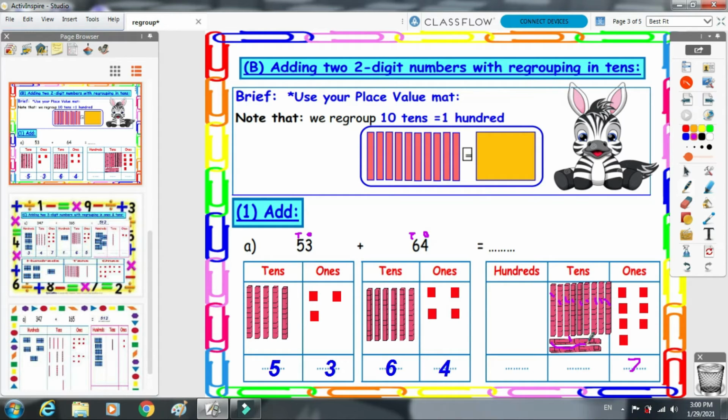And I will gather them all like this and move them to make one new 100. And now I have only one bar in the tens, so it's only 1, and I have one block in the 100, so it's 100. So the answer here is 170.